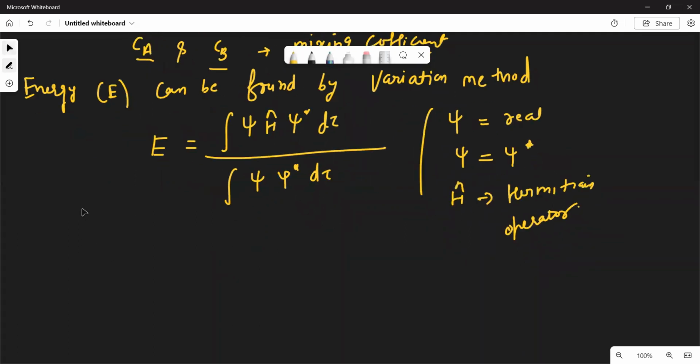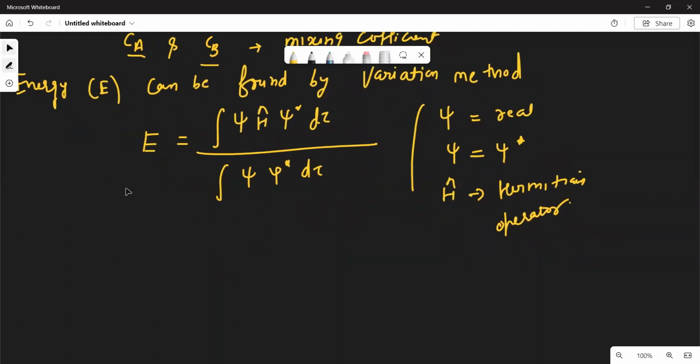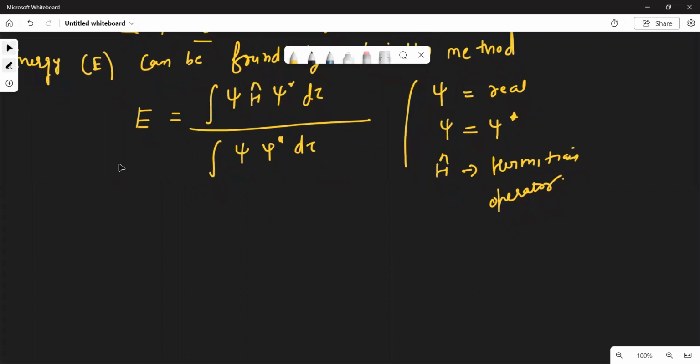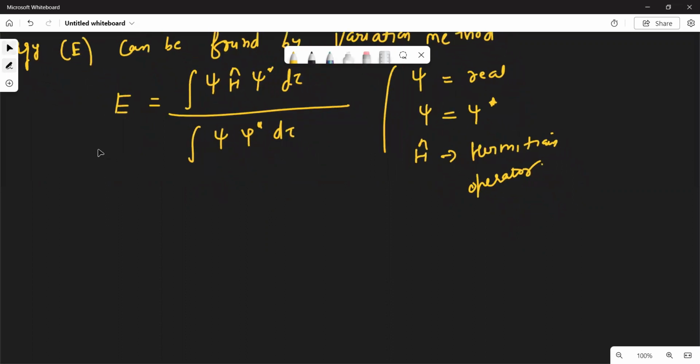Now let's find out the energy of the hydrogen ion system. We know the wave function when the electron is under the influence of both nuclei is represented by Ca psi A plus Cb psi B. Here we will substitute the value of psi in the energy expression, and from this we will get two equations.